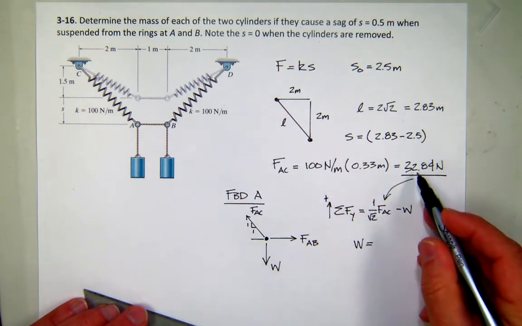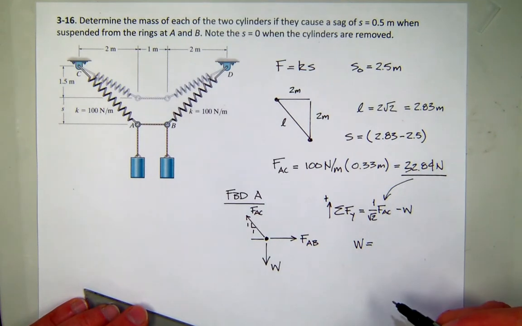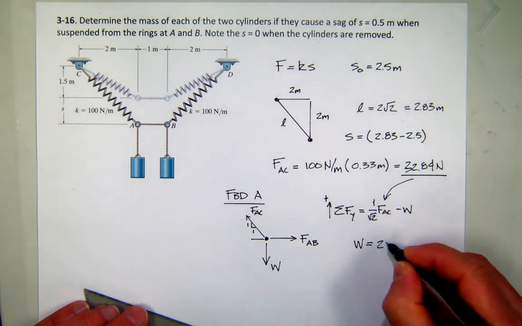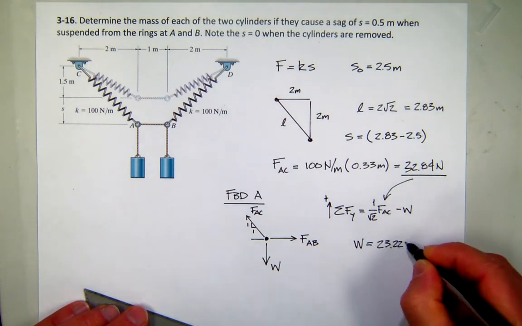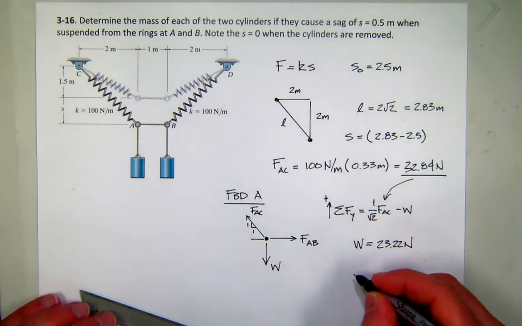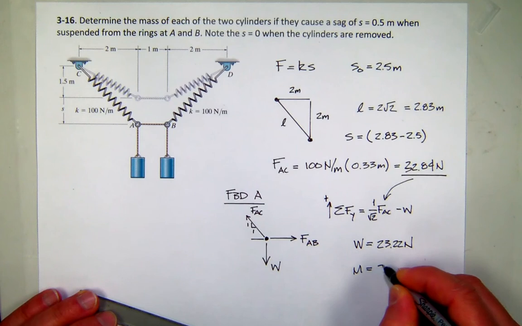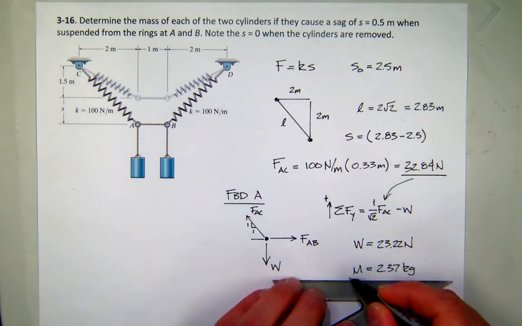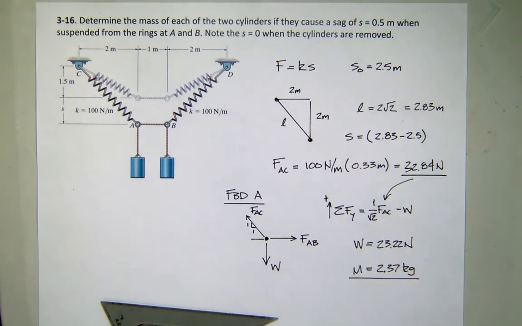It looks like it's just that divided by the square root of 2. Now that's Newtons. The problem actually asks for mass. So what's the mass? You have to divide it by 2.37, and that'll be kilograms. I think that's correct.